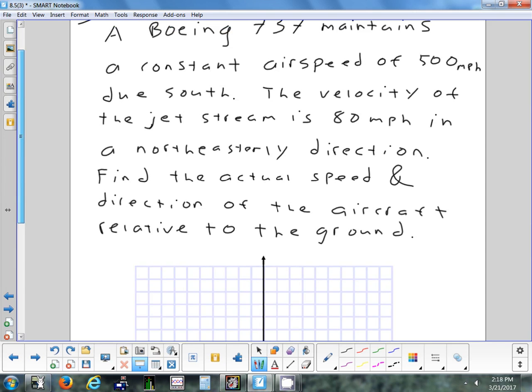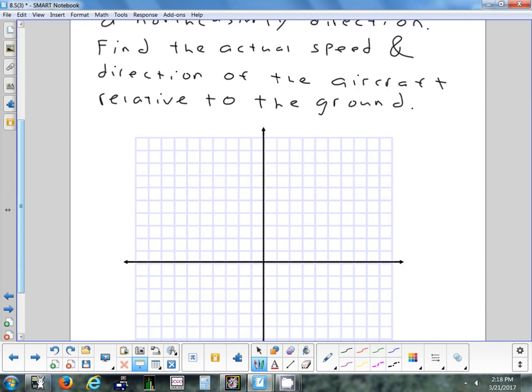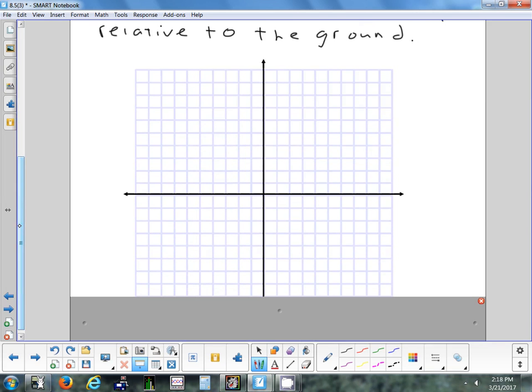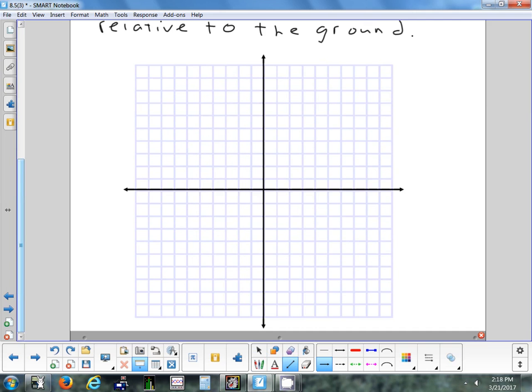I'm going to start with the 500 miles per hour, and what direction is the plane traveling in? South, which on the grid would be down. Okay, so here, I'm going to start, and I'll make it a different color so you can see it. That's the velocity vector for the plane.